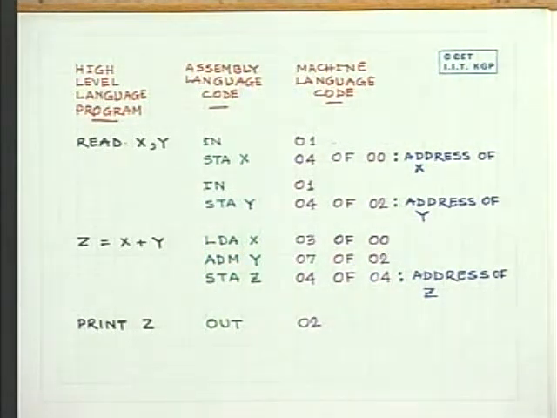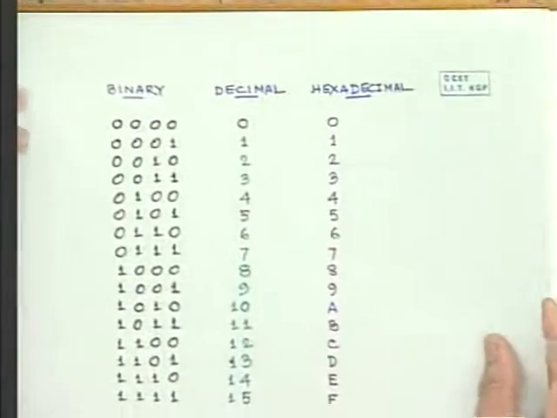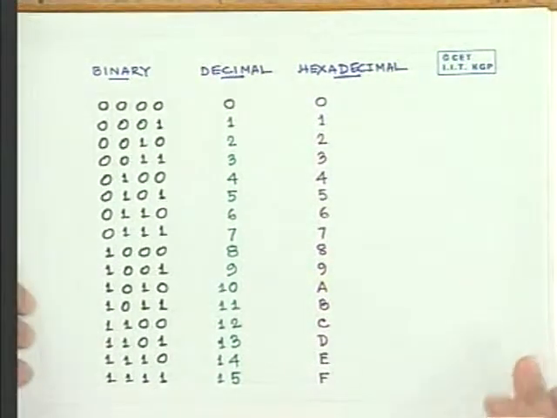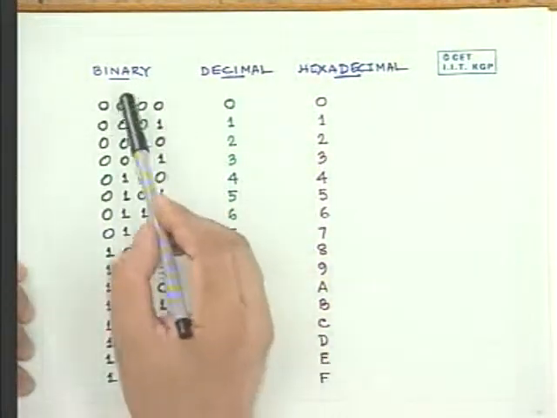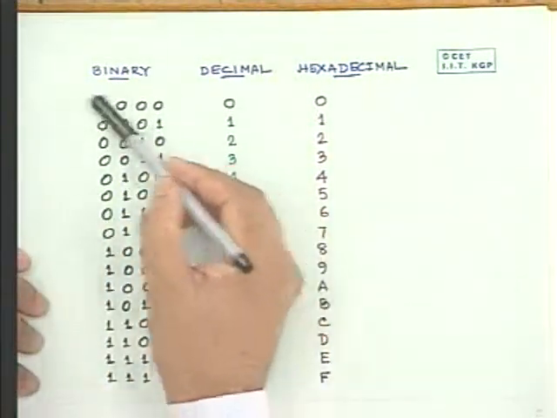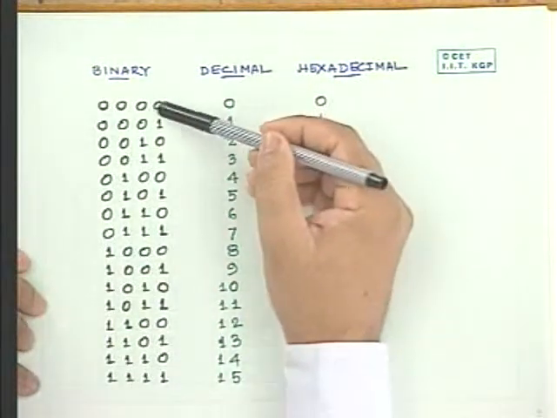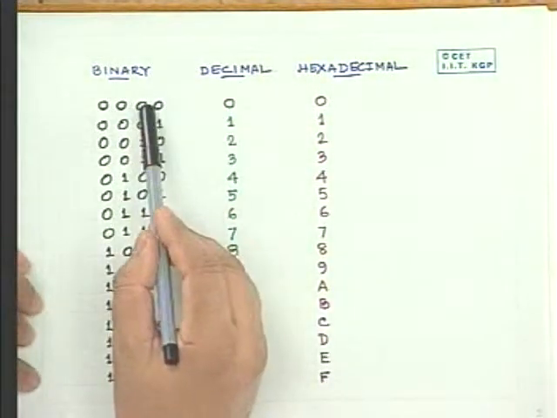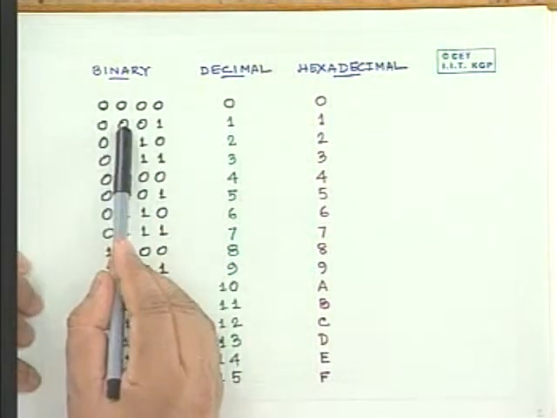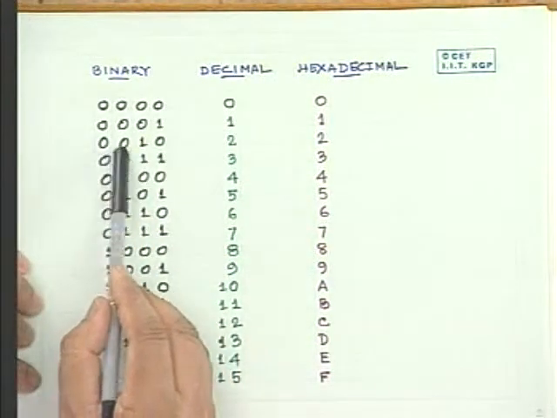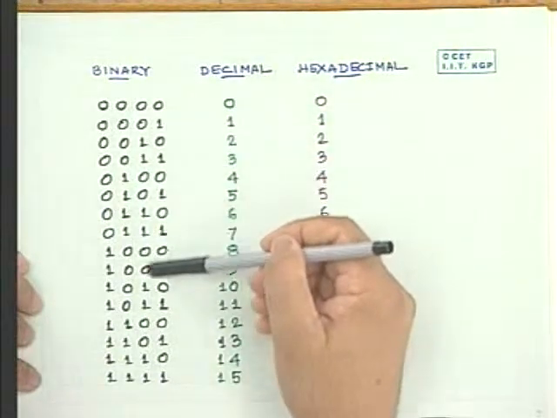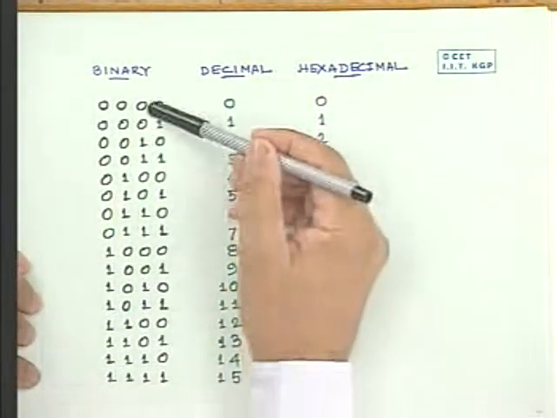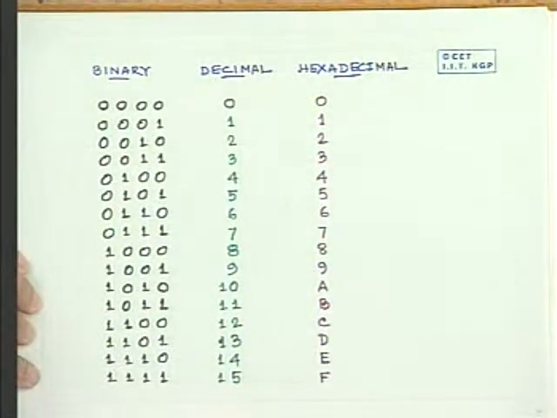By this time I hope you know what a hexadecimal is, but just to recapitulate, say a 4-bit binary number we have taken, there can be 16 possible combinations of these 4 bits, okay, 0000, then 0001, 0010. That way there can be 16 possible combinations of these binary bits.